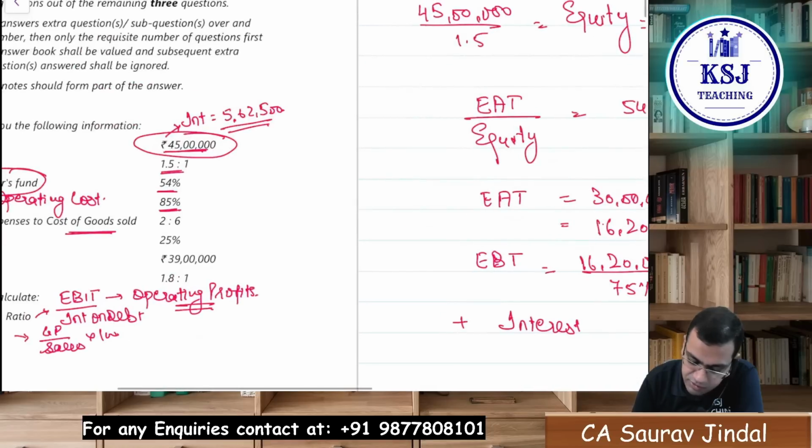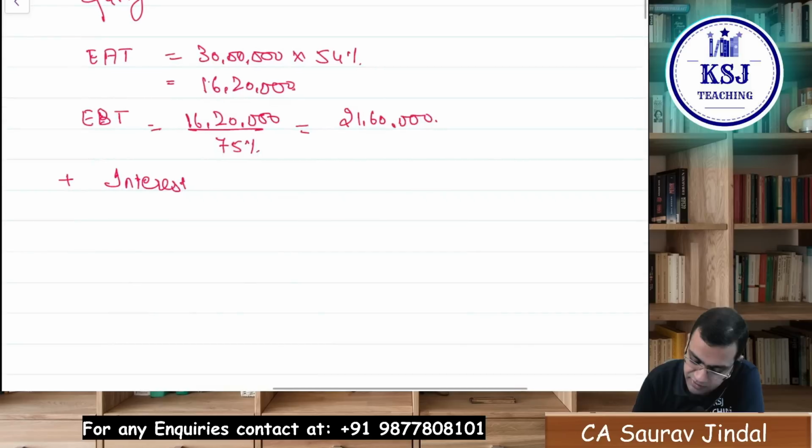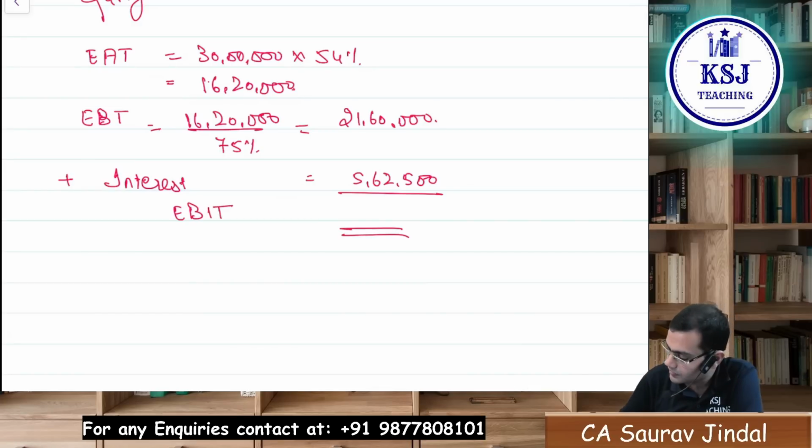What is the interest amount? 5,62,500. So from here you will get your EBIT, right? 5,62,500, that is 27,22,500. This is your EBIT.